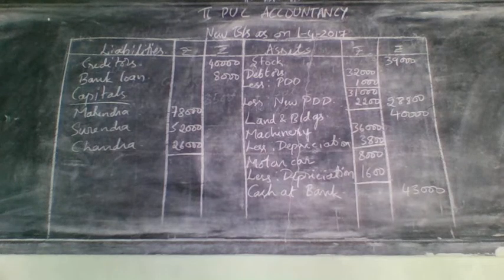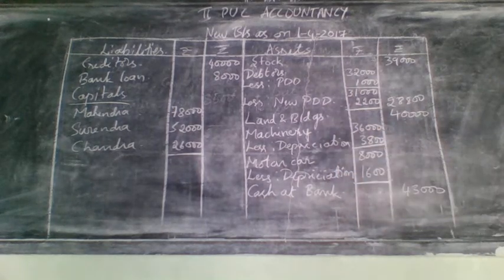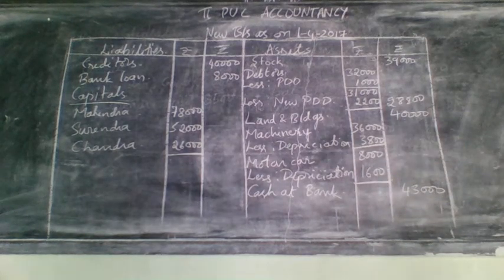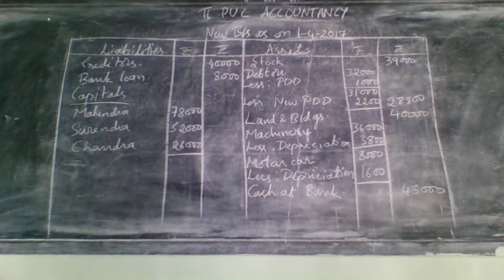Next, machinery 36,000. For this you have depreciation, which was there in the revaluation account debit side, so minus it and write it in the outer column. Next you have the motor car. The motor car also has depreciation, so minus that depreciation and take it in the outer column. After taking everything, next asset was cash at bank.